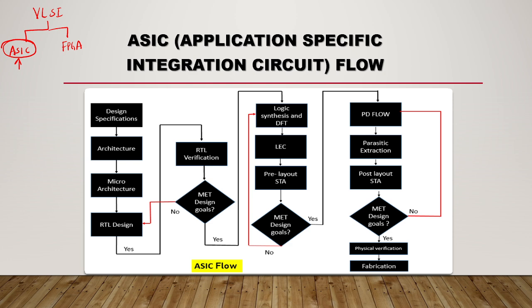An example of an ASIC is a 3G mobile, which supports only 3G. Nowadays you have 4G and 5G also.